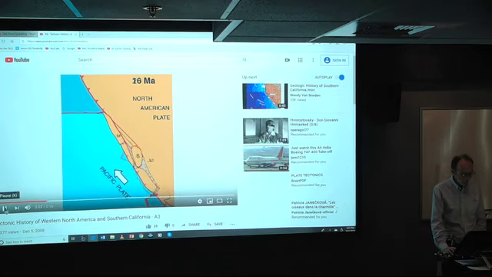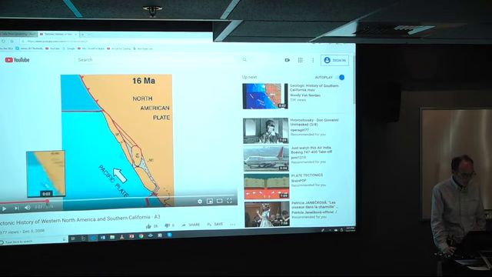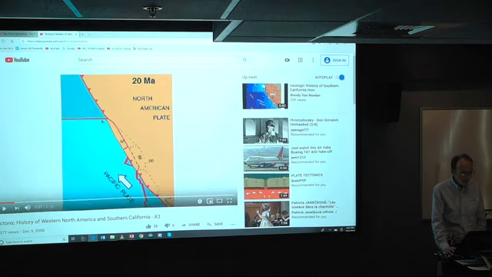So this is Tanya's model. So what we do is we start off, and again, here at 20 million years, here's the subducted Pacific plate, and we're starting to form the subducted spreading center right here, and now we're starting to form the San Andreas Fault.